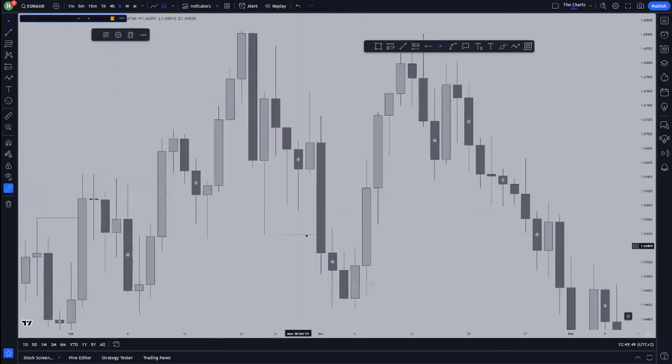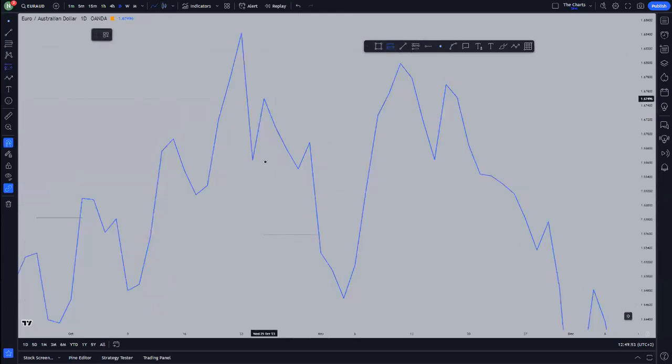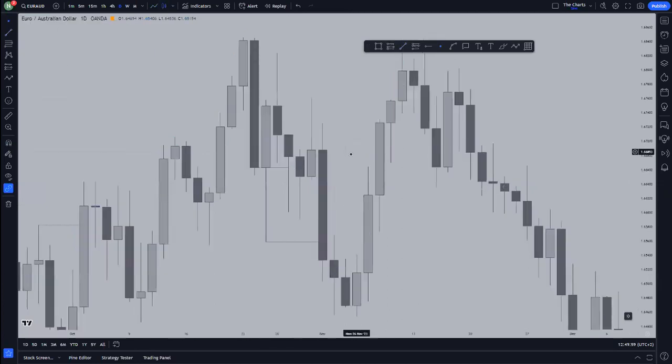The market did not sweep this low right here. But you can see on the line chart that the market gave us a break of structure. I do not consider this break of structure. I highly do not consider this breakout structure important.